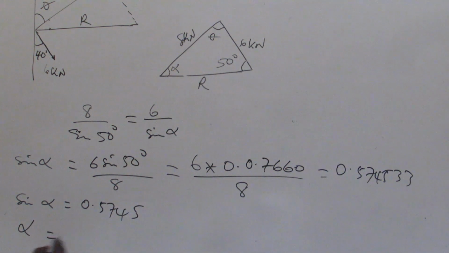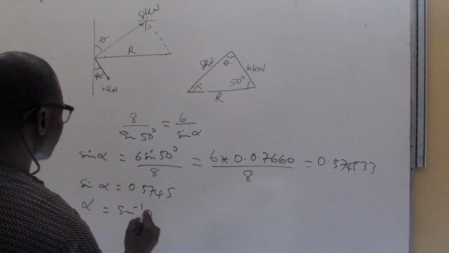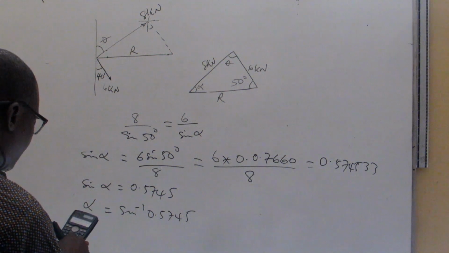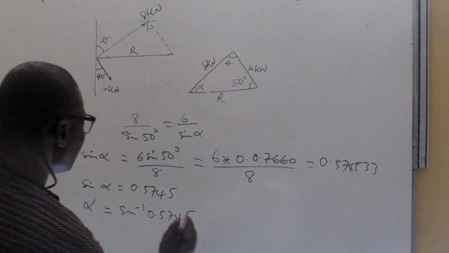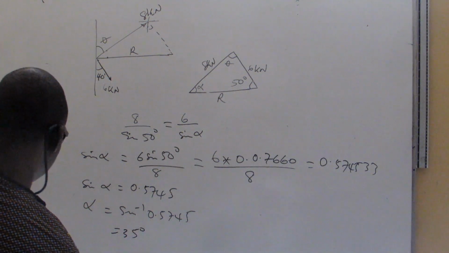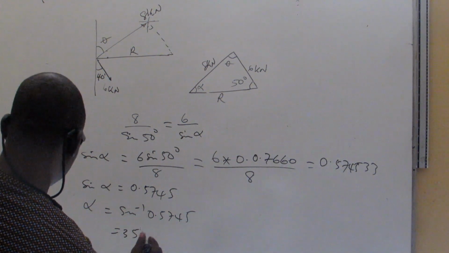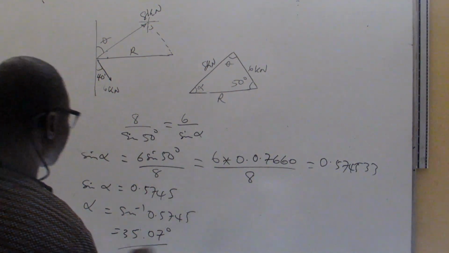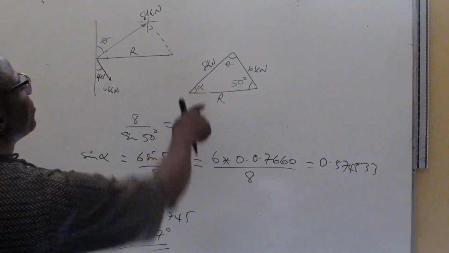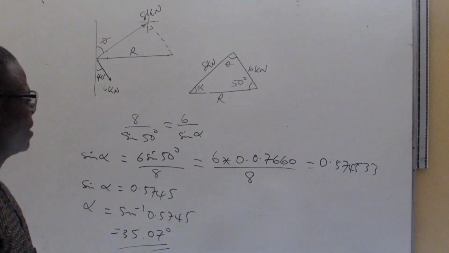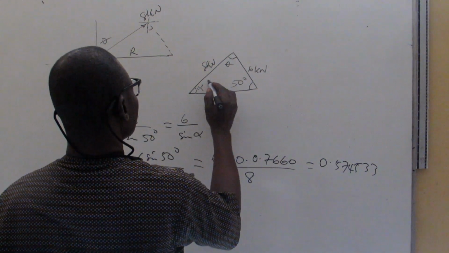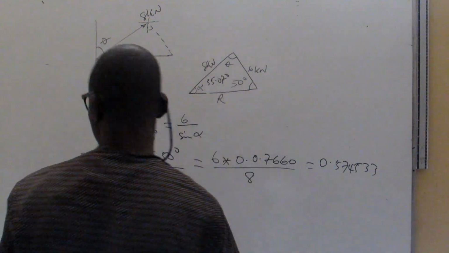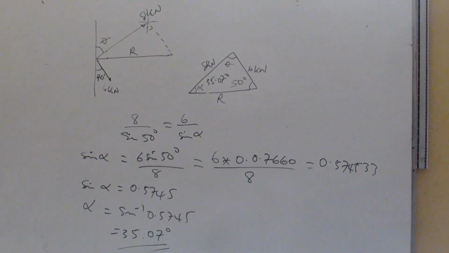Then alpha alone is equal to the sine inverse of 0.5745, so the value is 35.07 degrees. So we have this angle to be 35.07 degrees.